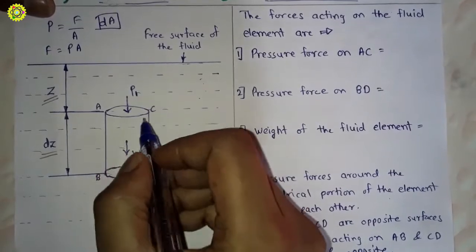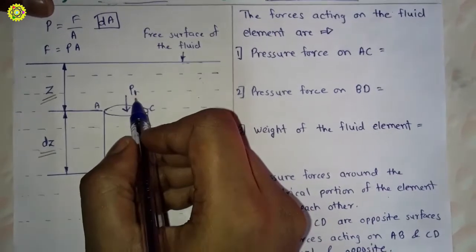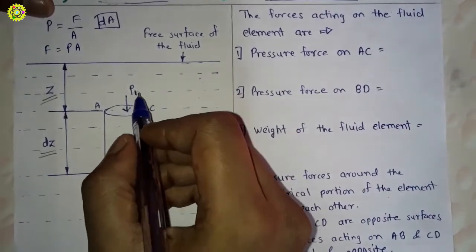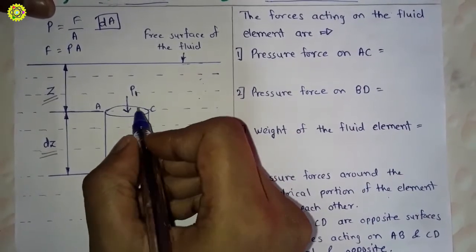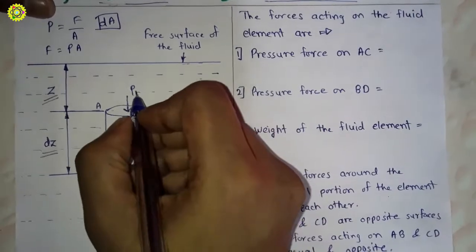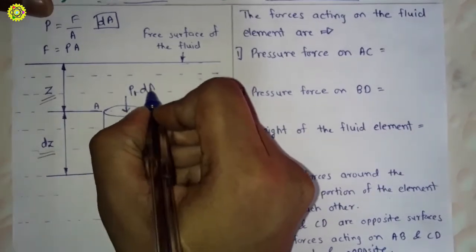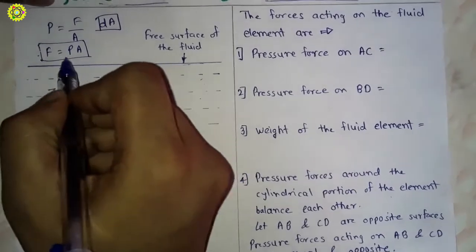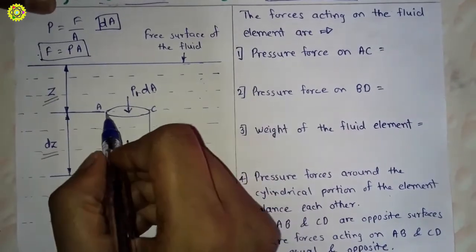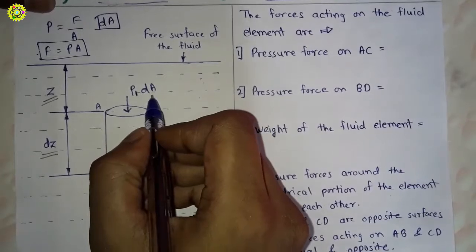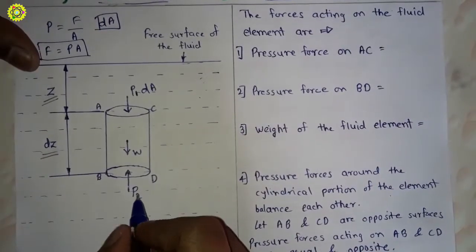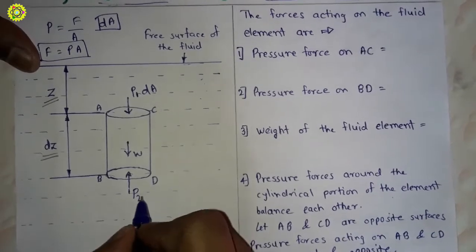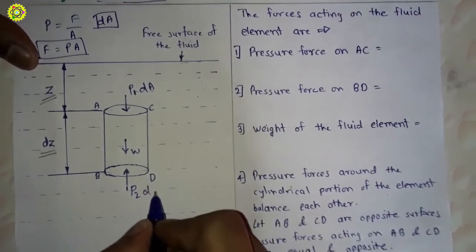So if we want to write P1 in terms of force, we write it as P1 into dA, that is the pressure force. Pressure force acting on face AC is P1 dA. Similarly, pressure force acting on surface BD is P2 dA.